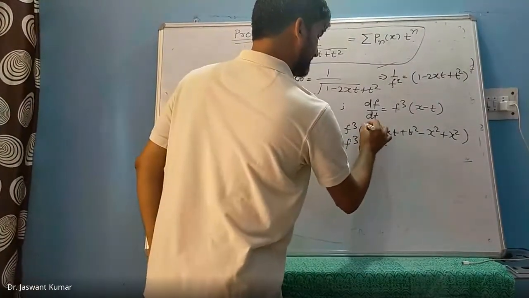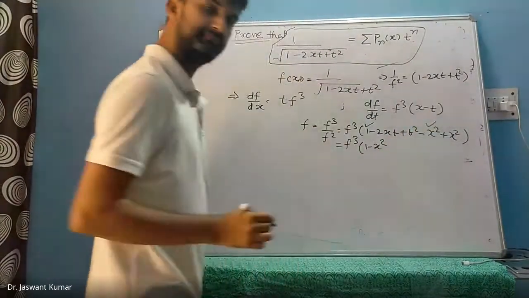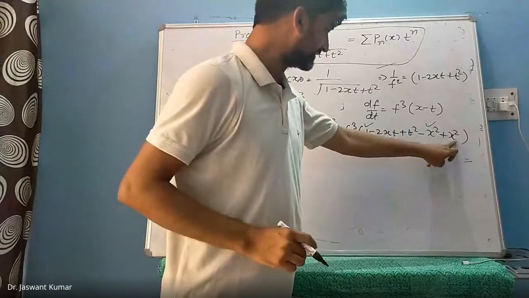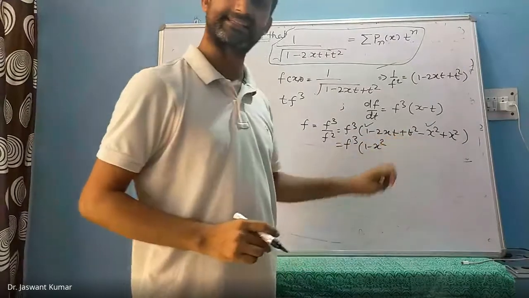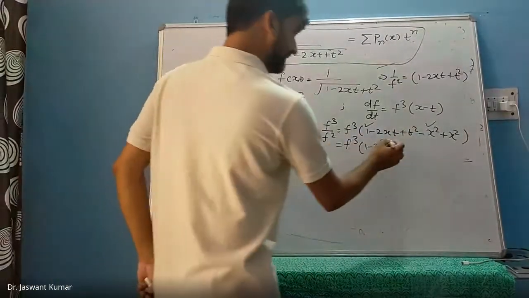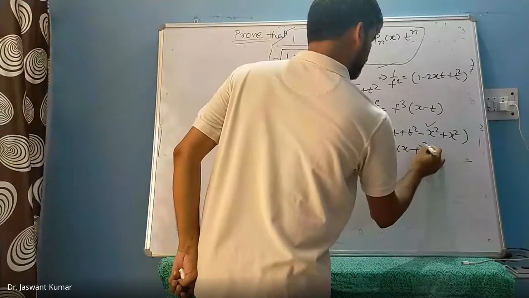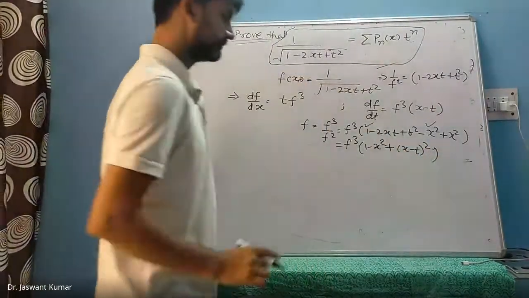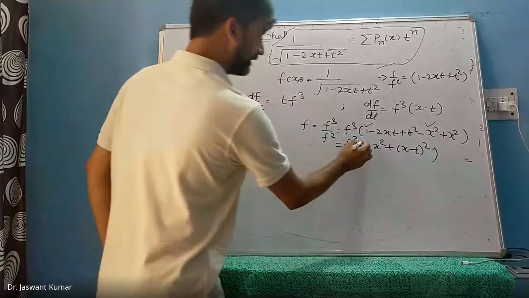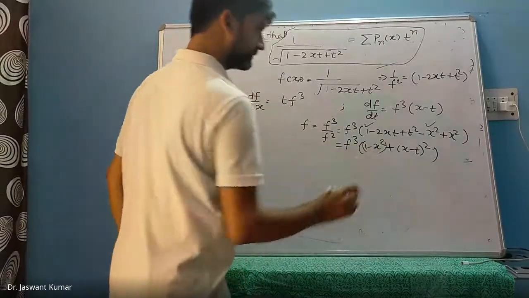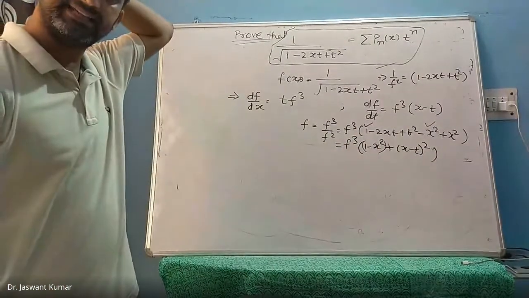That means this and this term are taken as one term. And then after that, x square plus t square minus 2xt, which is nothing but x minus t whole square. This is how we write it. Are you all okay with this?